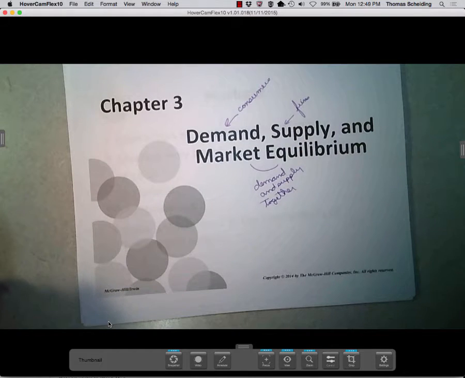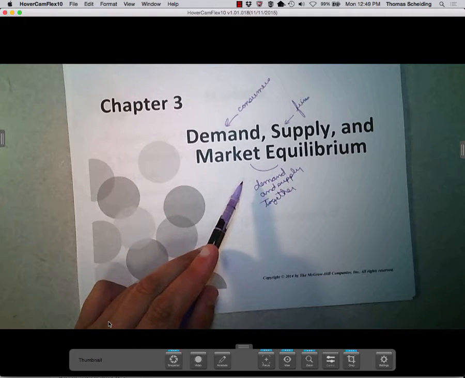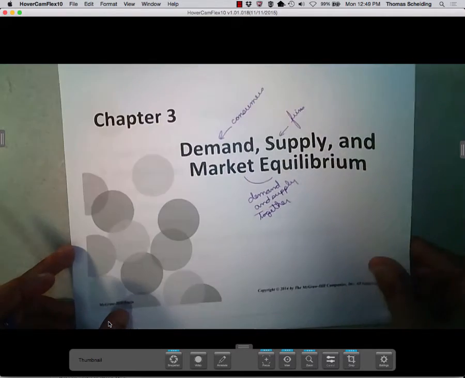And that's what we're going to look at. We're going to look at demand and supply as they come together in market equilibrium. Okay, so let's start.